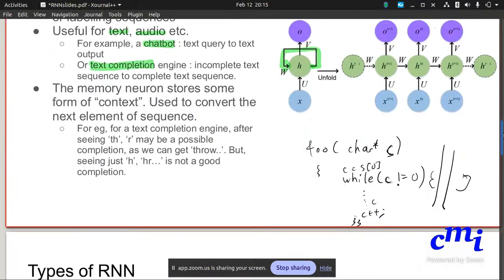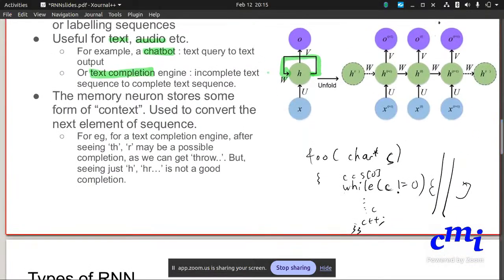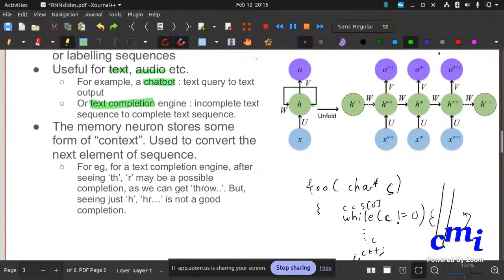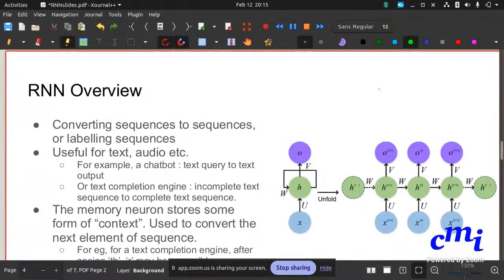Typically, in any program that has a loop, we would have some variables that store a state, right? So let's again imagine that we have a program with some kind of a while loop, some condition here, and I'm consuming character by character. So let me think of it as a for loop: for some character c in some string s, I'm doing something, right?